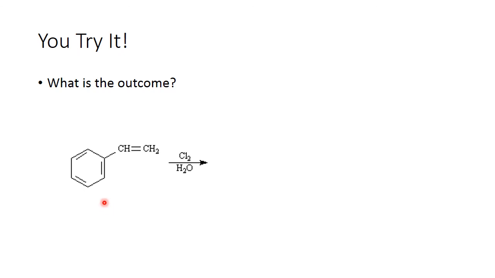What is the outcome of this reaction? Well, if I look at this, here is my double bond. These double bonds are not truly double bonds. We're going to see later on that these are called aromatic. They do not react. The only double bond that's going to react is this one. So what happens?